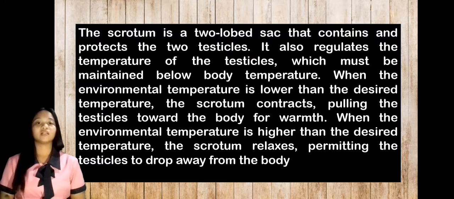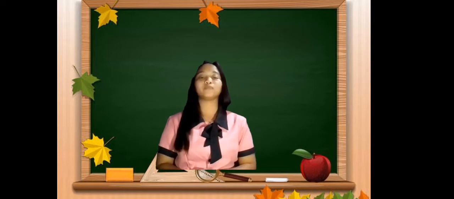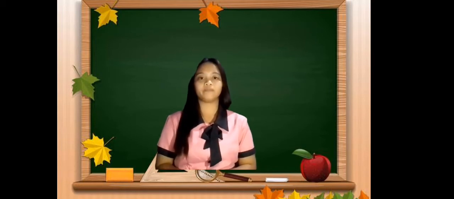When the environmental temperature is higher than the desired temperature, the scrotum relaxes, permitting the testicles to drop away from the body. This temperature regulation is greatly important to the reproductive process because of its effect on the production and the vitality of sperm.